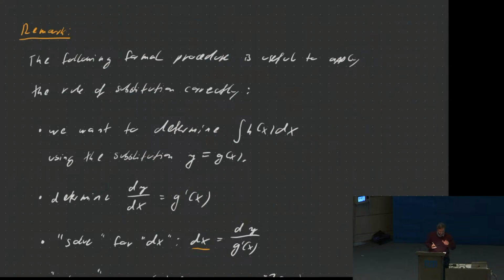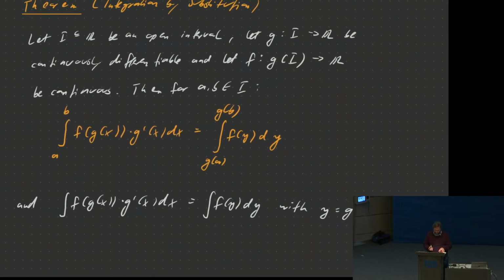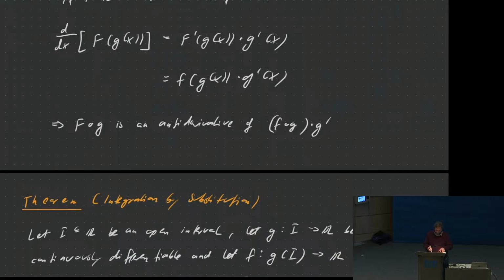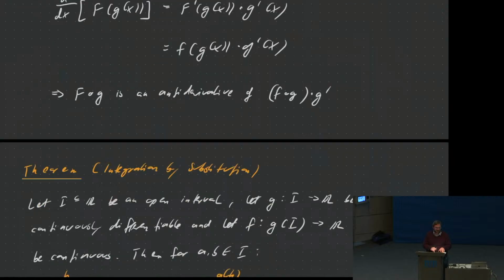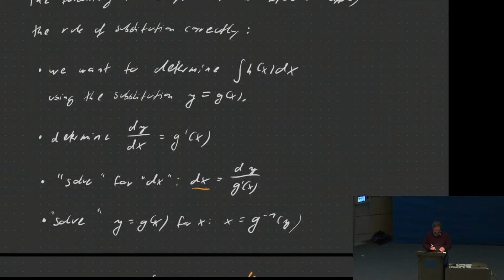Unfortunately, you can't just do that, because by the chain rule, remember, you need to somehow take care of that g prime expression here. That happens if you apply the chain rule. So how do you do that? Well, formally, just write down your substitution first, any substitution you want. And then you differentiate this substitution function.